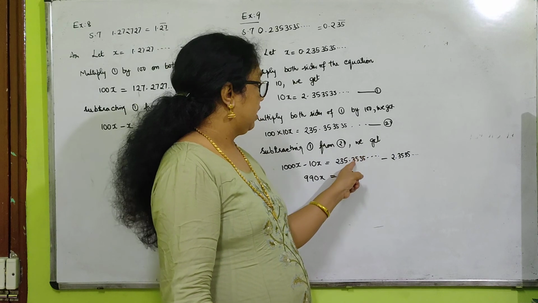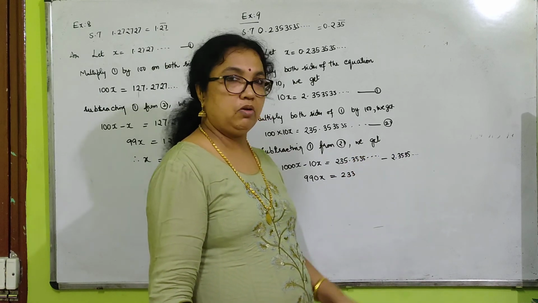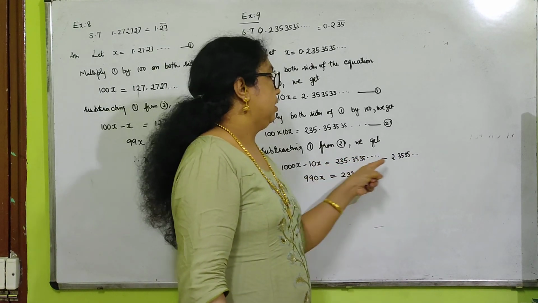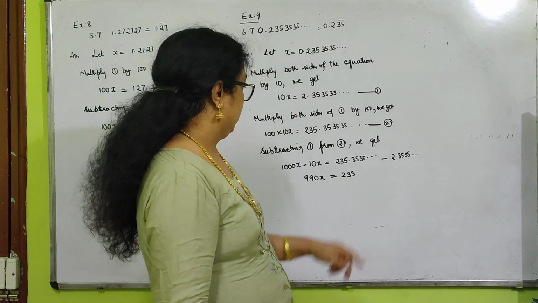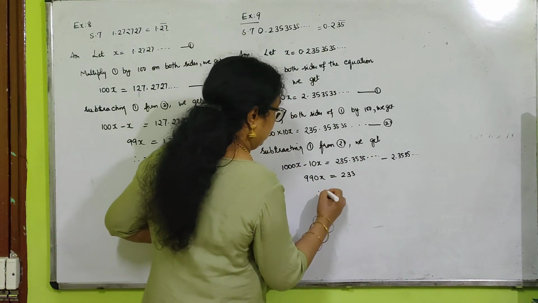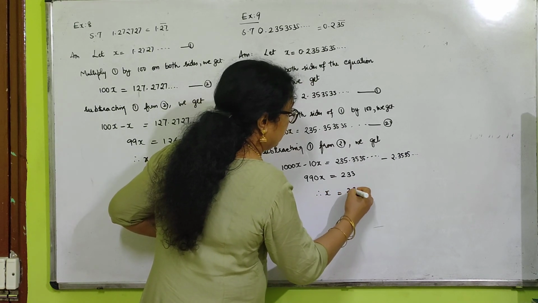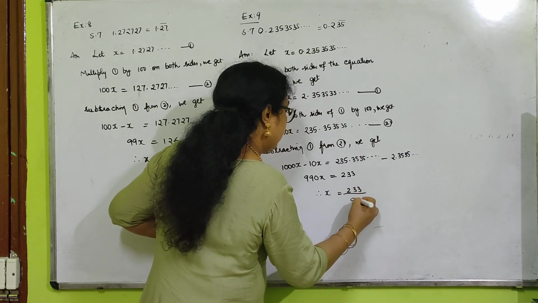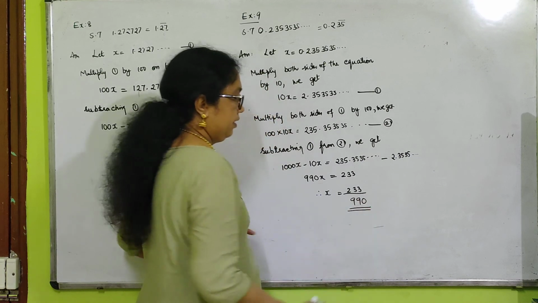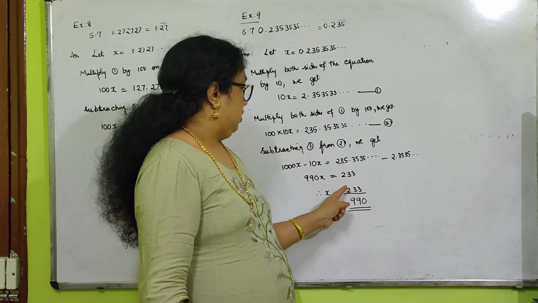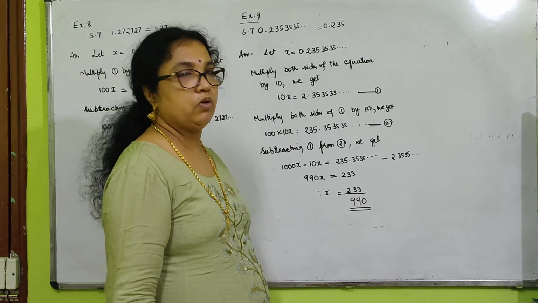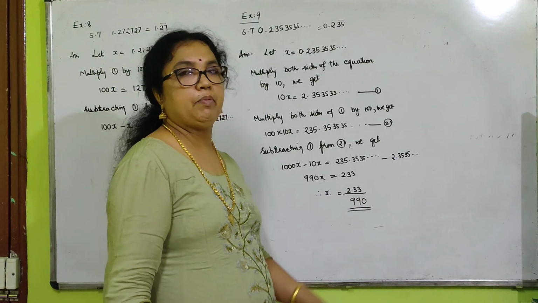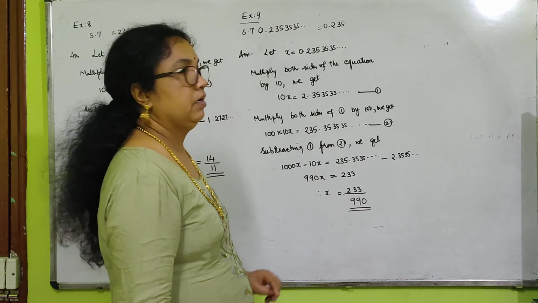Therefore x equals 233 upon 990. Now look: 2 plus 3 is 5, 5 plus 3 is 8. It is not divisible by 9 or 3. So this is the p by q form of the given number.